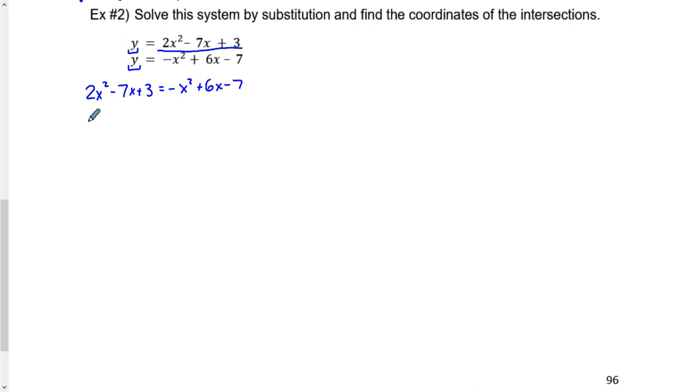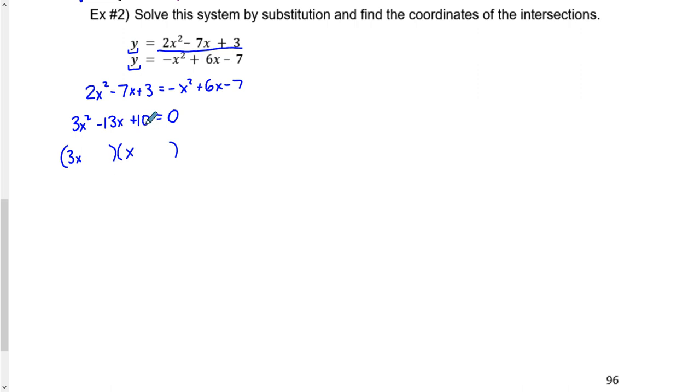Now to get one side equals 0, I'd be adding my x squared over, subtracting my 6x, adding my 7, and it would equal 0. I'm going to do this quick factoring. Factors of 3 are 3 and 1, so that's going to make it really easy. I don't have to do anything further.